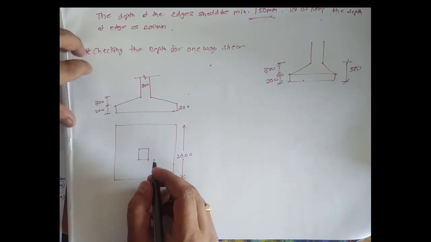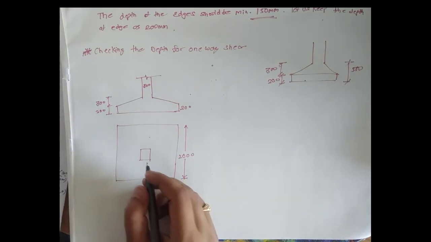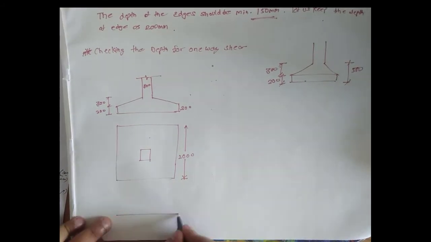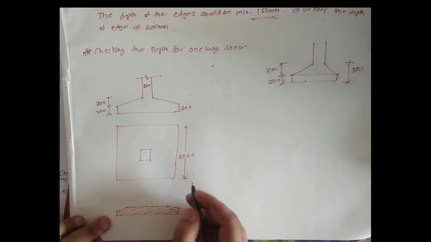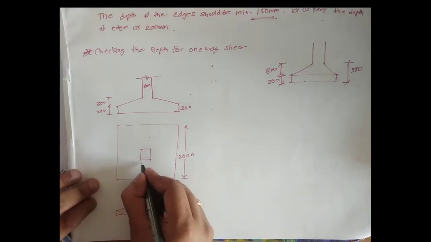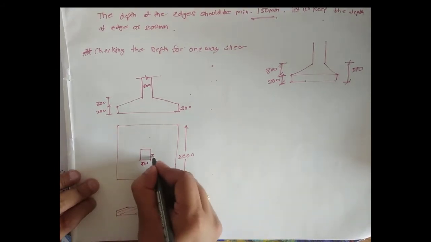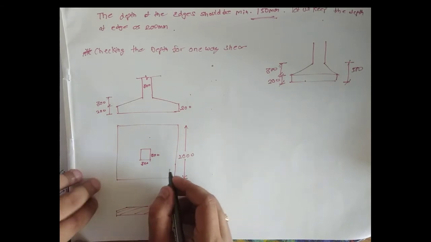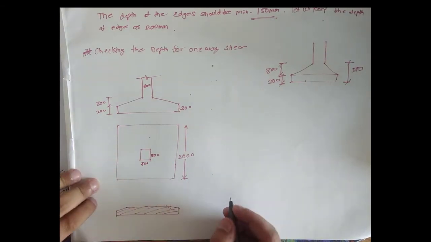The critical section we would like to identify here. This is 300 by 300.